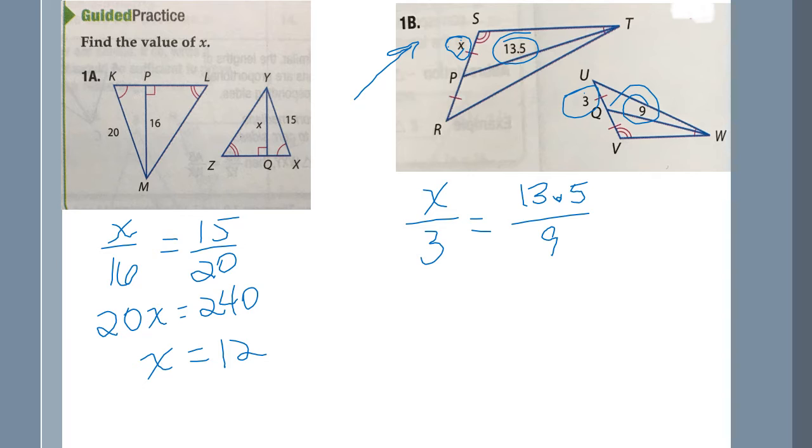So 9x is equal to 2.5 times 3, is that 40.5.